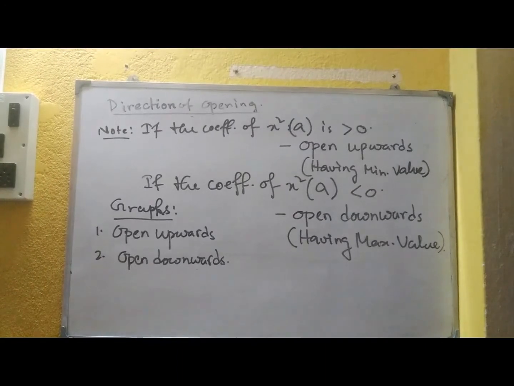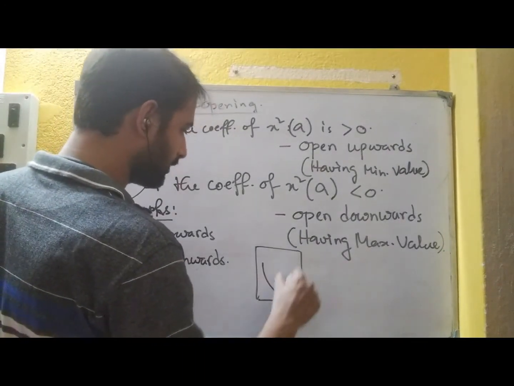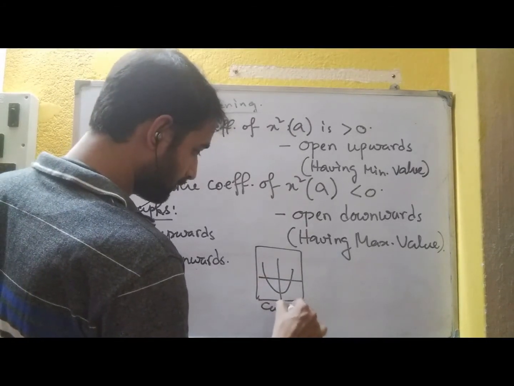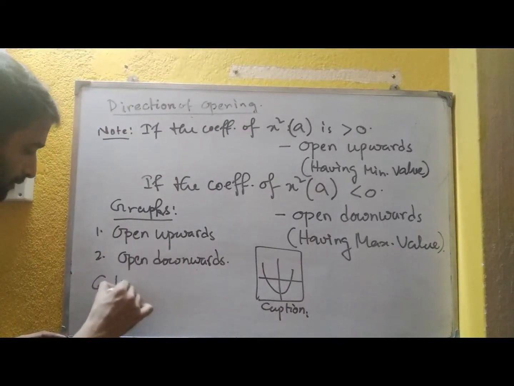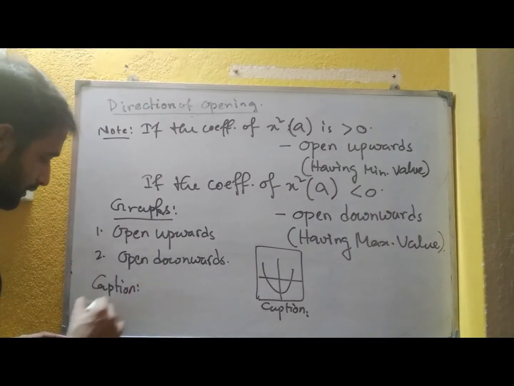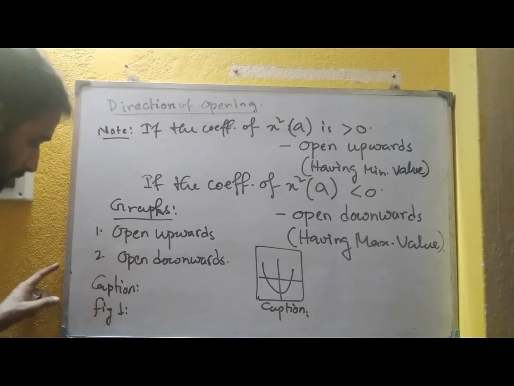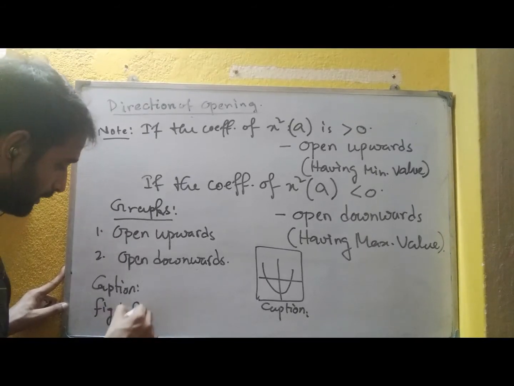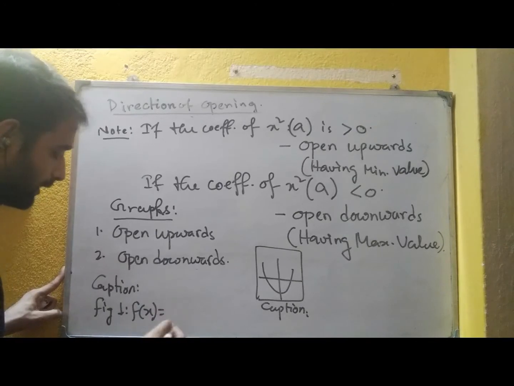And for each of the graphs of a quadratic equation, we will always give a caption here. In the caption we will write it like this: figure 1, or any number. Suppose I am showing the first figure, so it will be figure 1, f(x) equal to the expression.